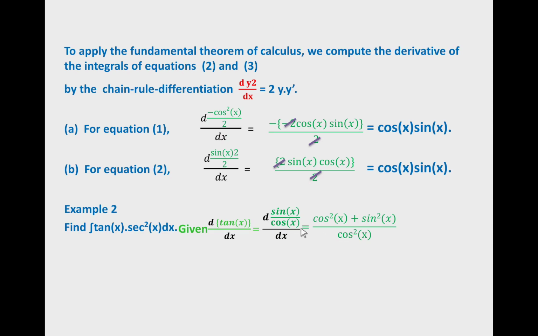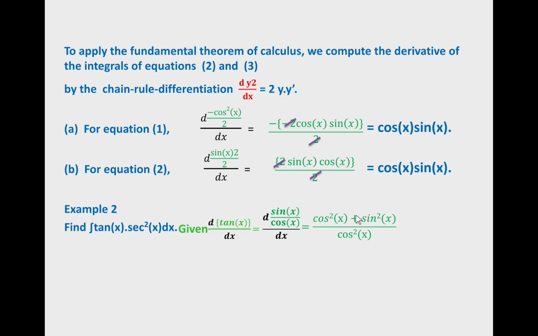We will have the denominator squared, and then cosine square x plus sine square x, where the first one is the denominator multiplied by the derivative of the numerator plus the numerator multiplied by the derivative of the denominator. The plus is coming because the cosine derivative is equal to 1, but normally it should be negative. Anyway, this is the chain rule.